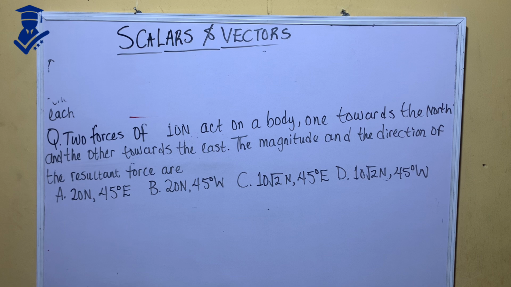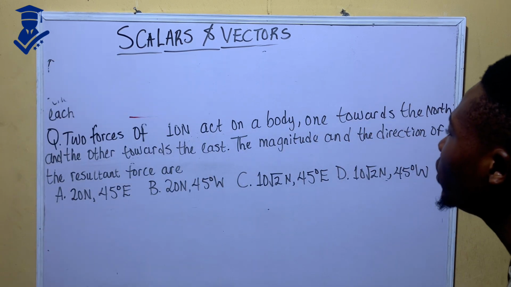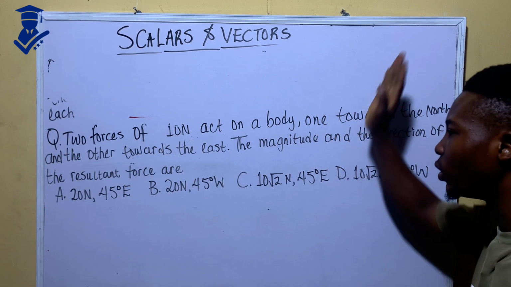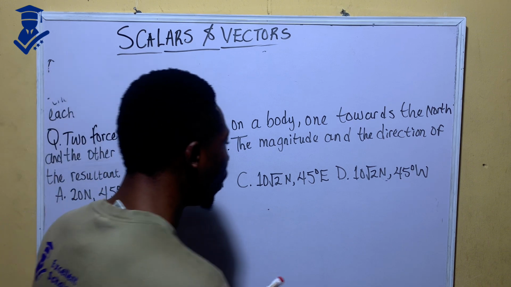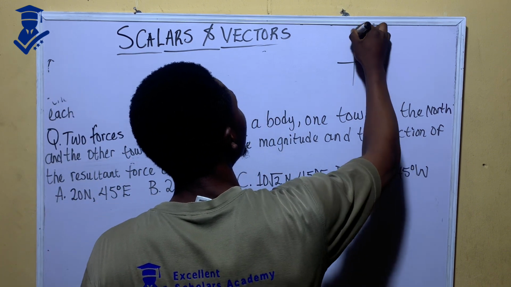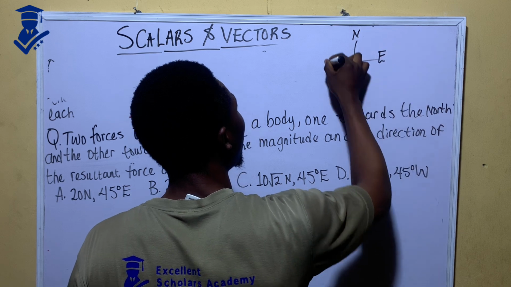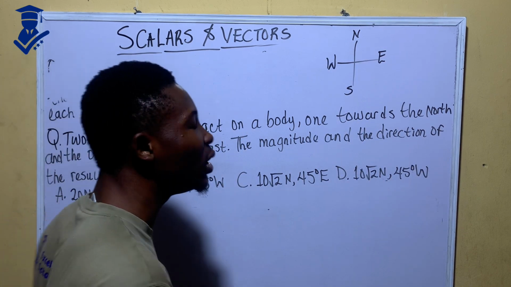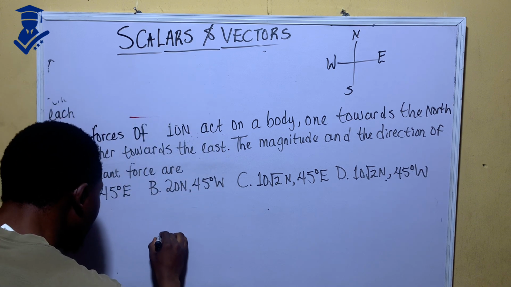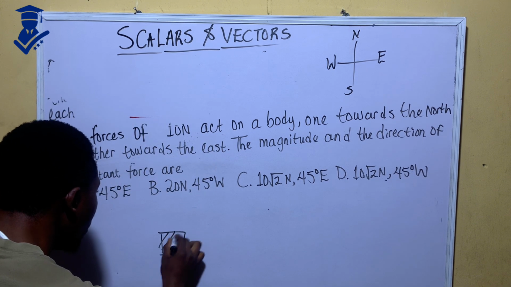Now, two forces of 10 Newton act on a body, one towards the north and the other towards the east. The magnitude and direction of the resultant force are, now, these are our cardinal points: north, east, south, and west. Let's say this is the body on which they're acting.